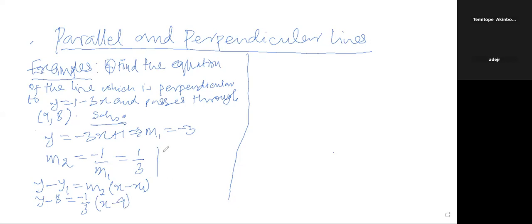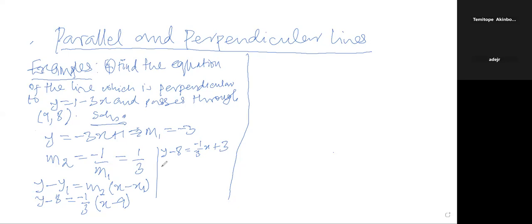You can open up the brackets if you so wish, or you cross multiply. y minus 8 equals 1 over 3x plus 3. That's 1 over 3 times 9, so you have plus 3.